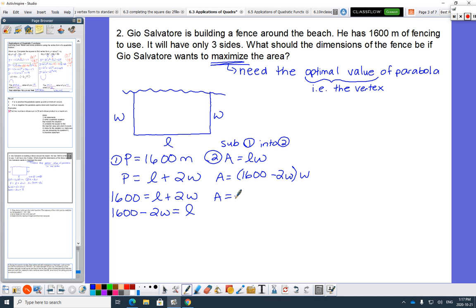So 1600 times w is 1600w. Negative 2w times w. I know there are some of you that don't like it when it's not x's and y's. That's fine.